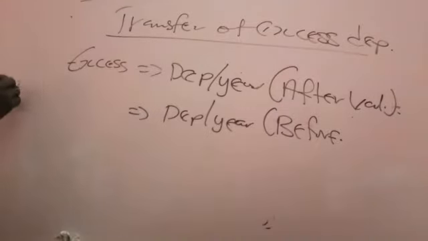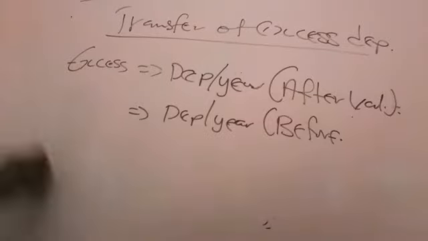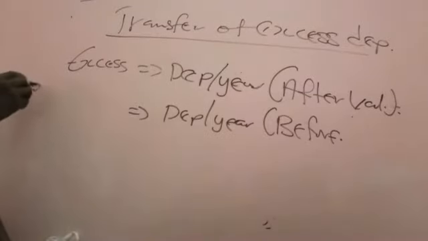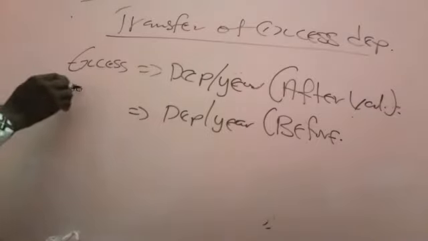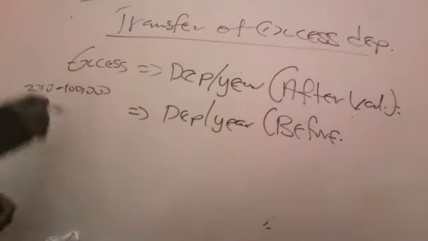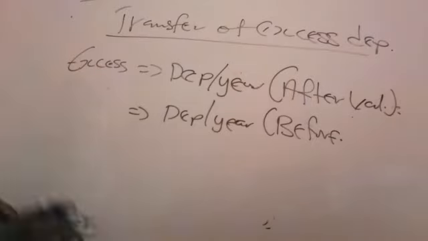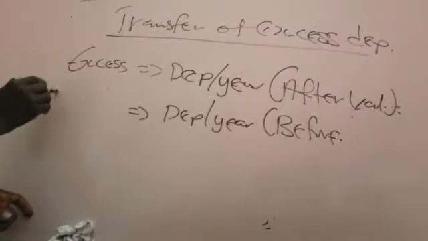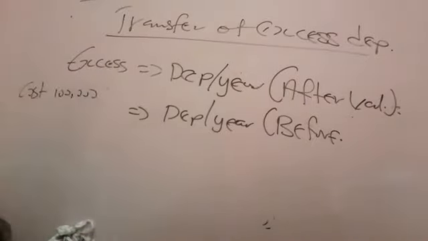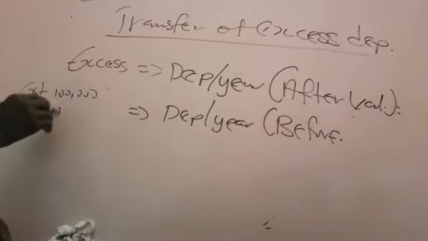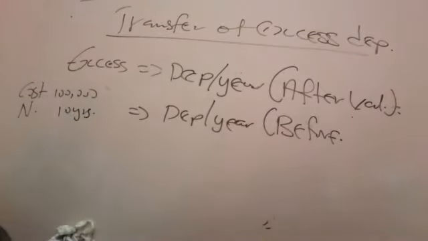We bought it in 2010, and the cost was 100,000. So let's write the cost, very important. And then the number of years, 10 years. Good.